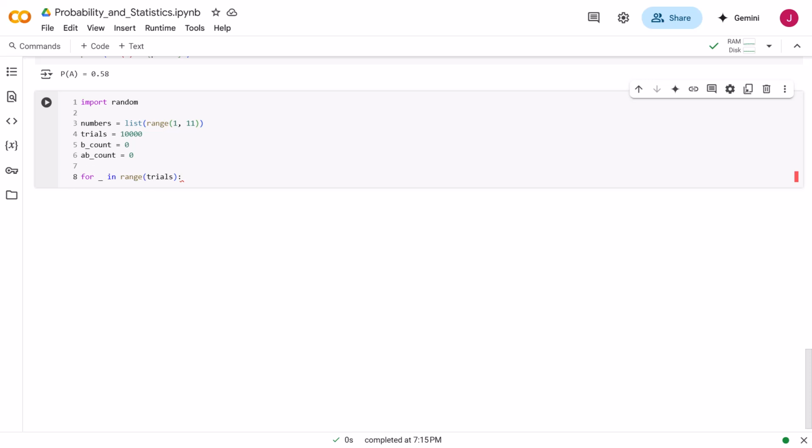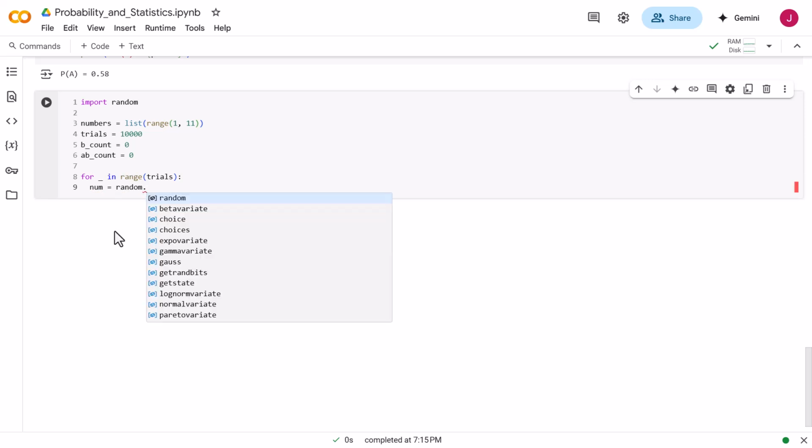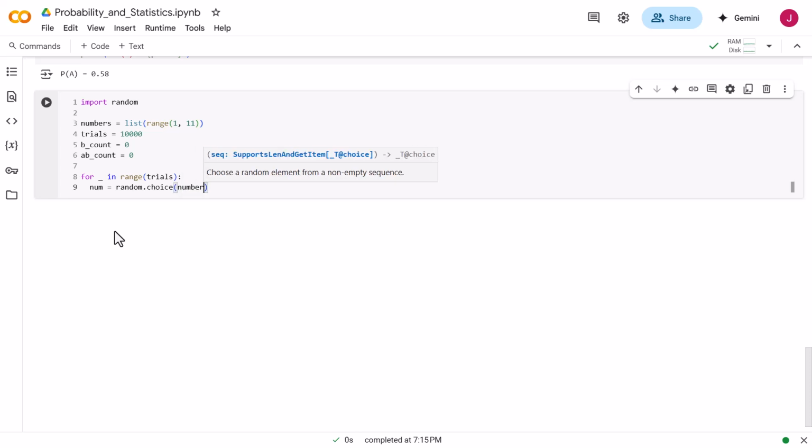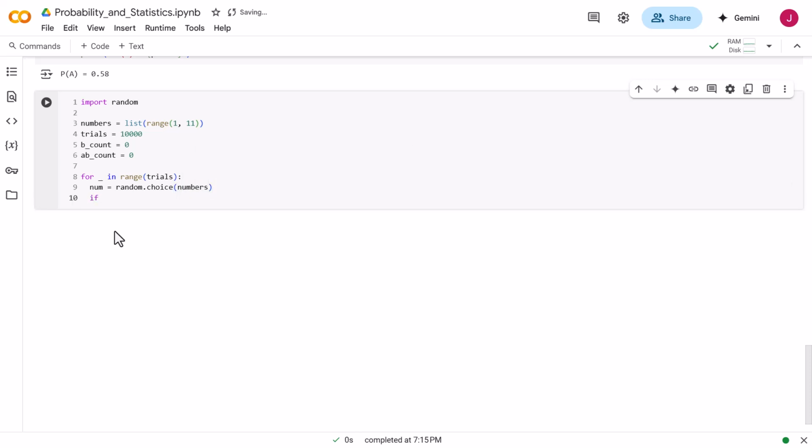Then num is equal to random.choice. We imported random here because we want to randomly pick a number out of numbers. Then we want to check if the number is even, our event B, right?